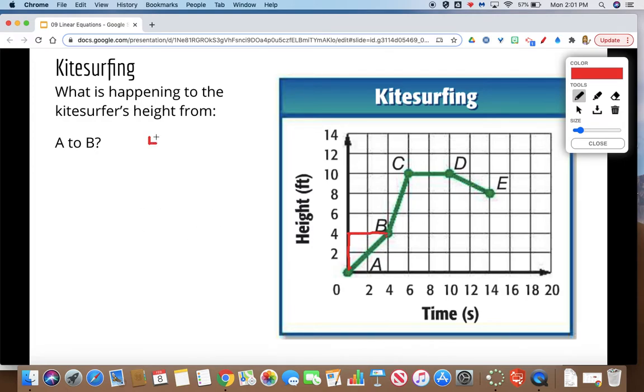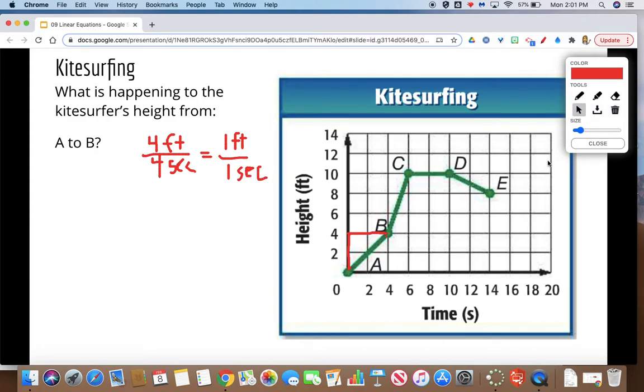So for every 4 feet traveled, 4 seconds has passed from point A to point B. Could we simplify that? Sure. Every 1 foot took how much time? 1 second.